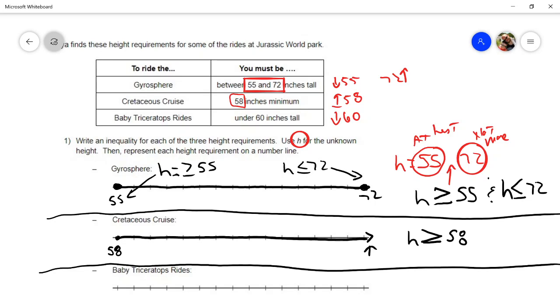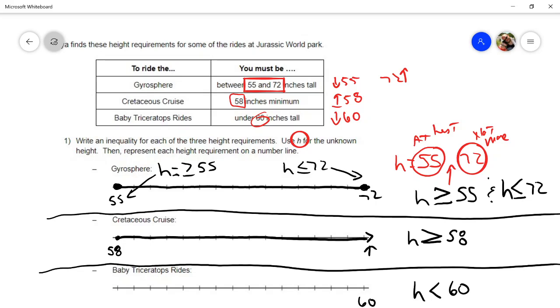Baby Triceratops. Under 60 inches. Less than 60 inches. Okay, now the wording, under 60 inches. Is that including 60 inches? Can I be 60 inches or under? It doesn't say that. So I'm going to assume that it is anything under.